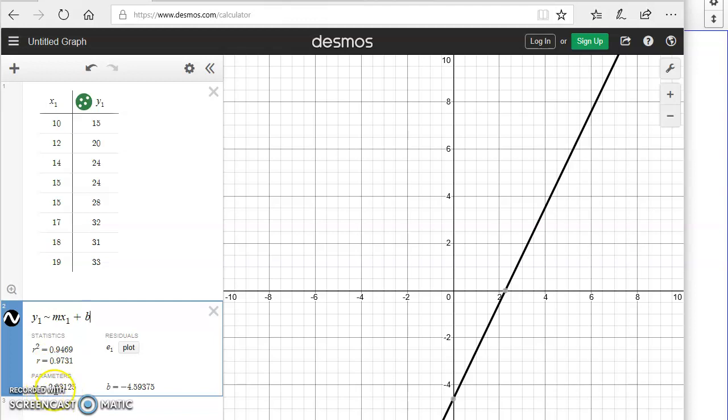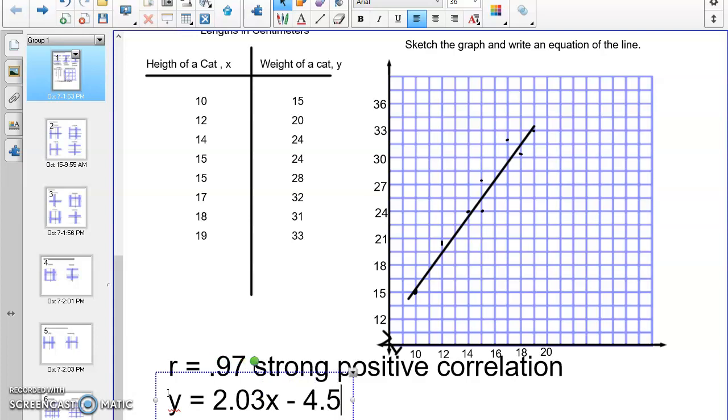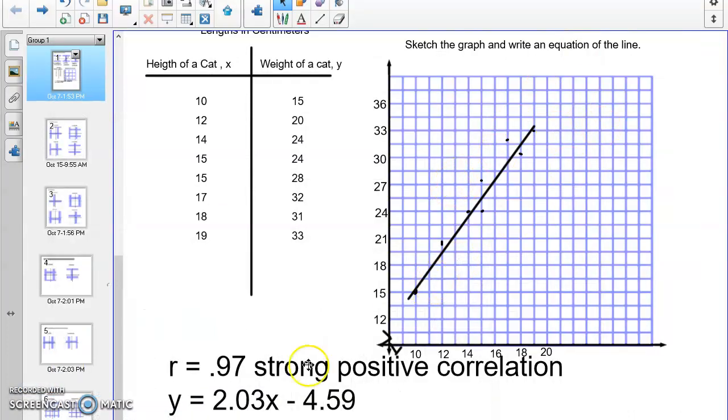My slope is 2.03 and my y-intercept is negative 4.59. So y equals 2.03x minus 4.59. And those numbers are coming straight from my graphing calculator, my Desmos website. Okay. So that's how we do line of best fit.